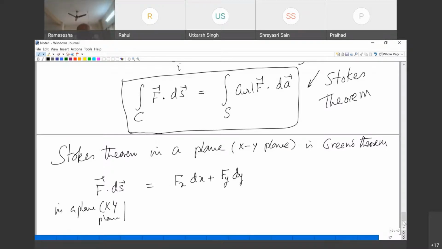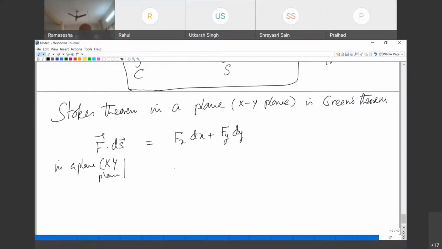And curl f dot n, sorry, not curl dot f, curl f dot n is equal to the curl f, which is a z component, right?